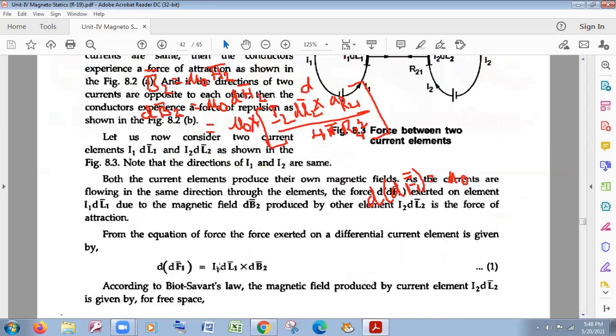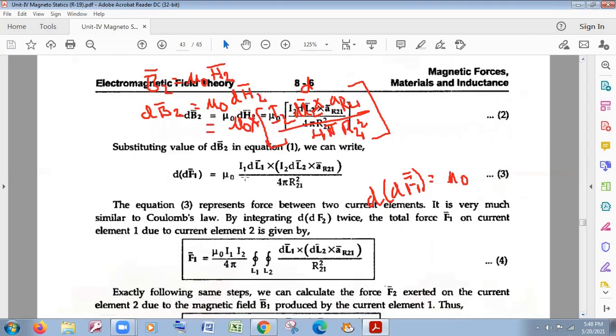The d of dF1 bar is equal to I1 dL1 bar cross dB2 bar, the total function: I1 dL1 bar cross I2 dL2 bar cross aR21 bar by 4 pi R square, into mu naught.